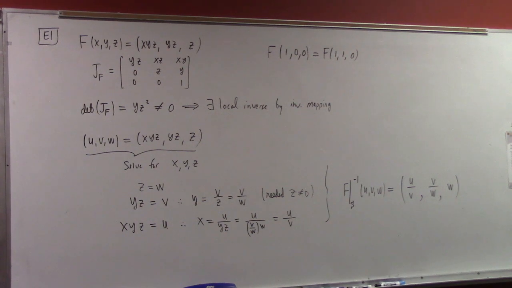See that? If you plug in z equals 0, it automatically makes all three of those 0. So I can make y whatever I want, and it's still going to be 0.